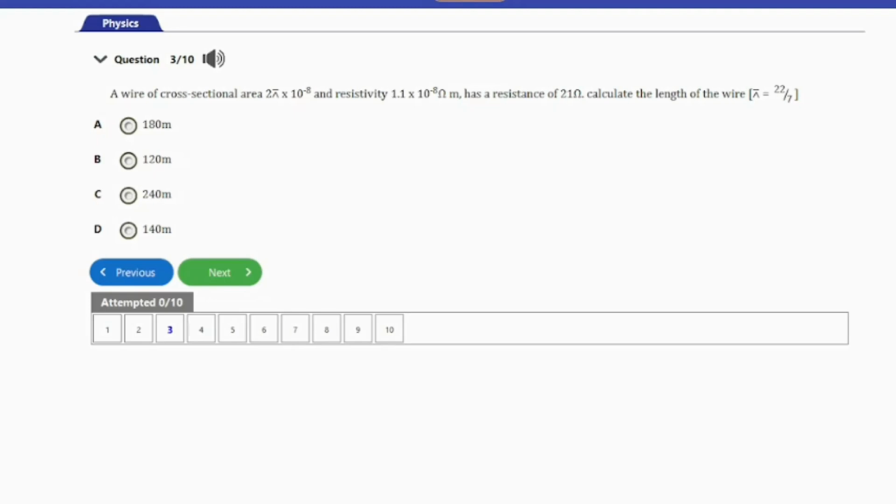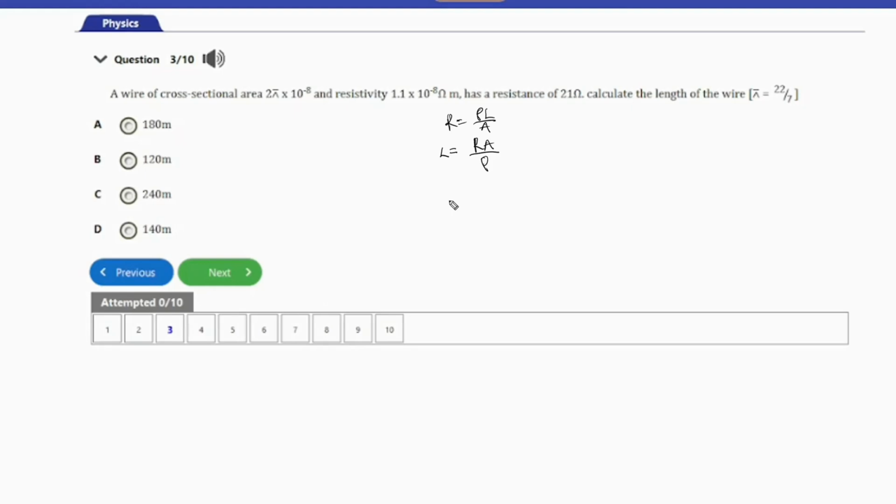So guys, in order to solve this, we are still going to make use of the equation resistance R is equal to resistivity times length over the area. So if we make length the subject of this equation, we're going to have that length here is equal to resistance R times area A over the resistivity.